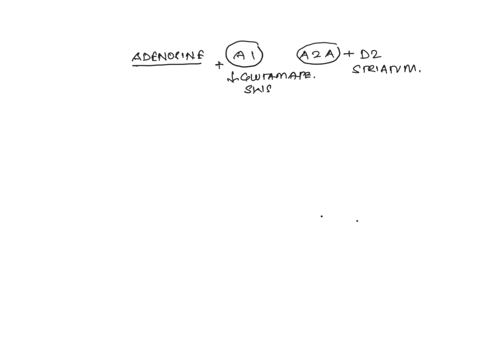Now, another function of the A1 receptor is, if you look at the cerebral cortex, which has pyramidal neurons and GABA interneurons. The pyramidal neurons of the cerebral cortex project into the striatum, right? And the striatum has cholinergic interneurons.